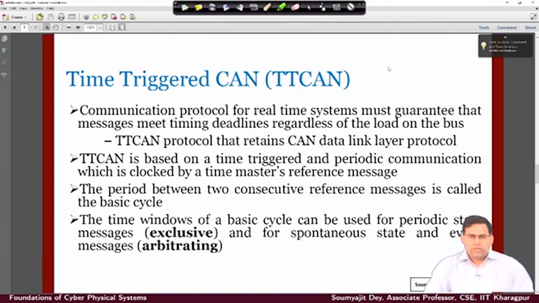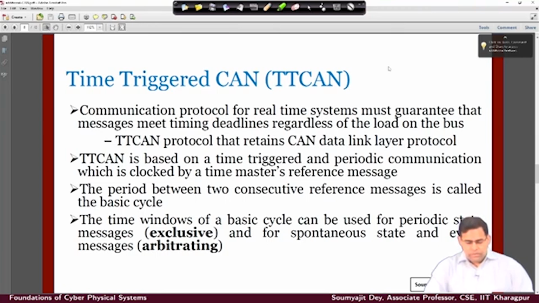So as you can see, we said that CAN is pretty much event driven. Here we have event triggered messages in CAN, but here we may have time triggered messages also, right? That means the period between any two such consecutive reference messages is a basic cycle, and this time window of a basic cycle can be used for periodic messages and for spontaneous state and event messages.